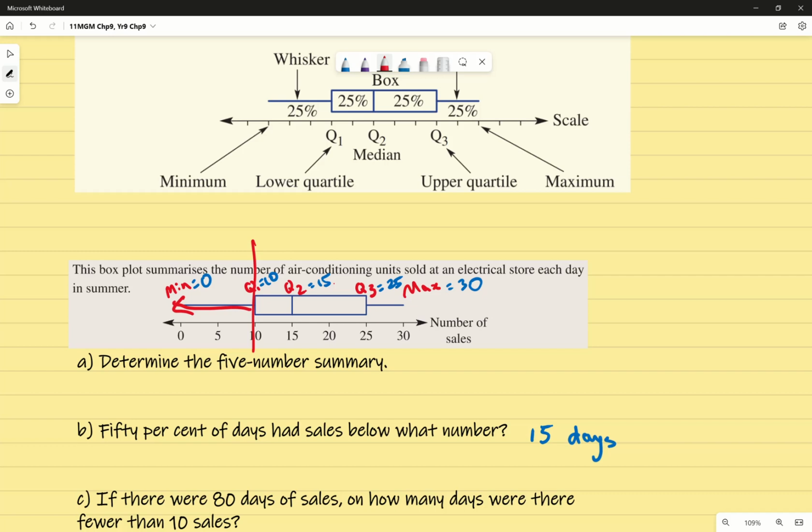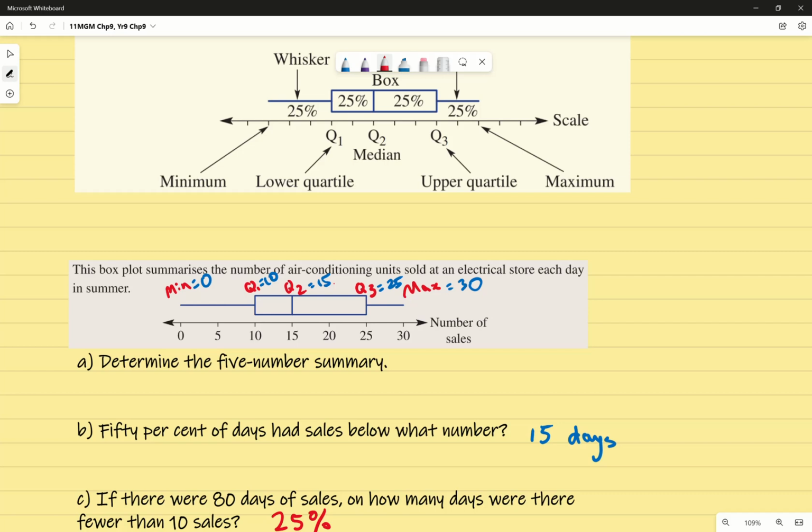What percentage is that? Remember, referring back to my whisker up here. What percentage is it from the box to the very minimum? 25%. So I know that 25% of days are going to have less than 10 sales.